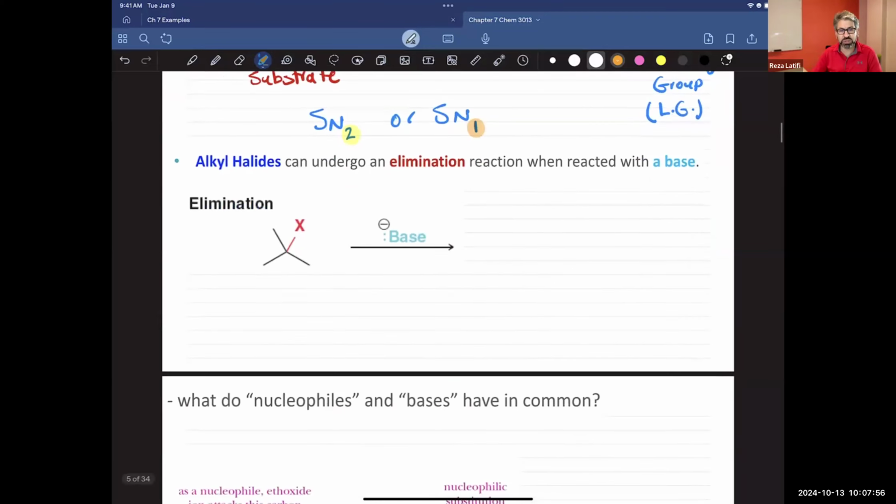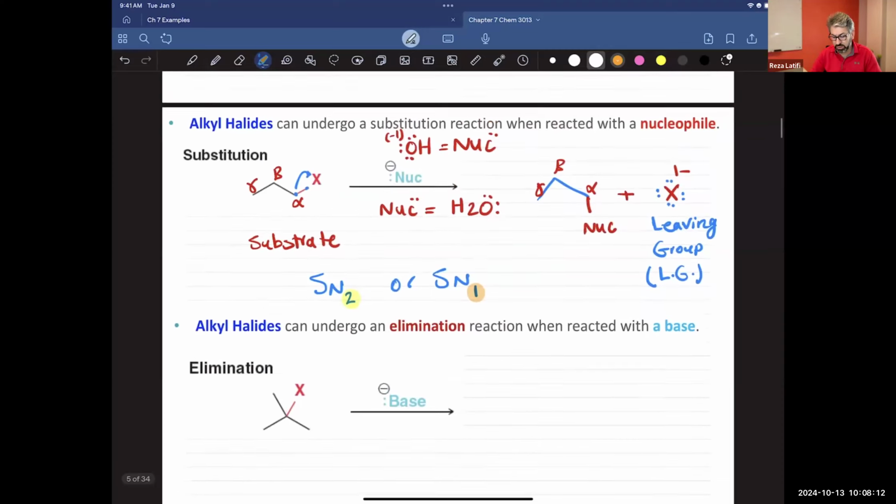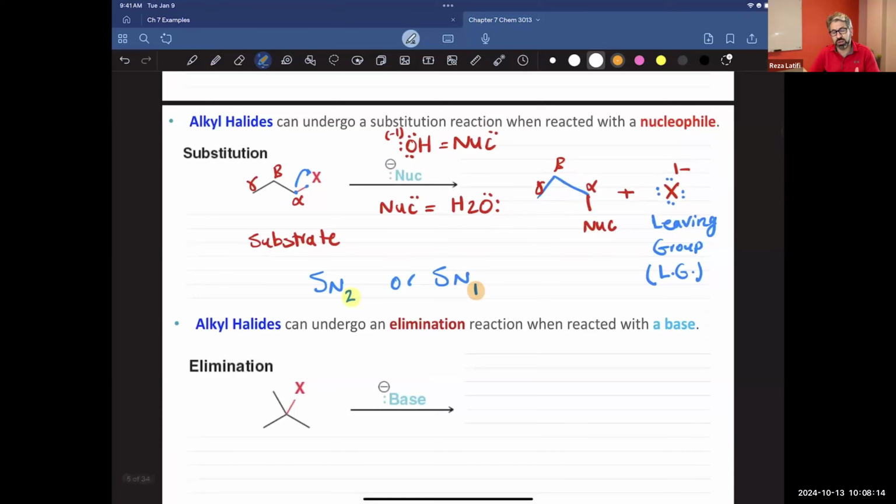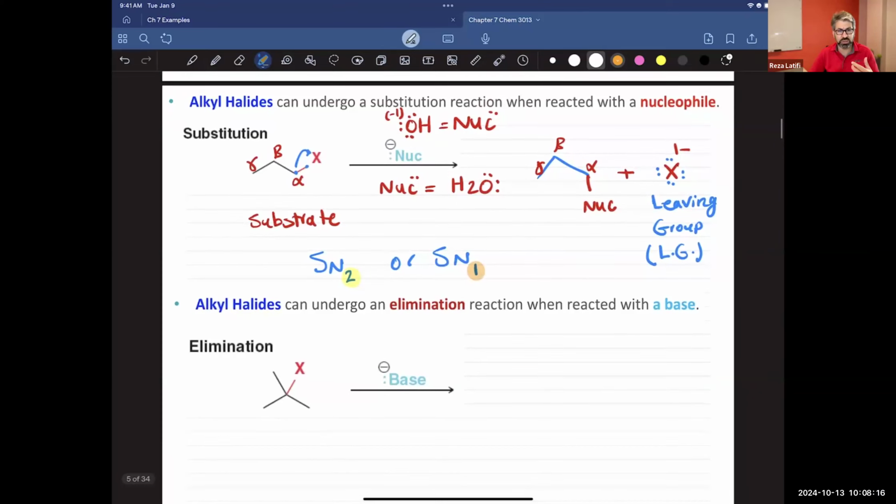Okay, the elimination reaction. You're going to take something from the system. You will take hydrogen from the system, and X will leave. And why hydrogen? You're talking about a nucleophile. A nucleophile has a lone pair, and I said it can be a negative charge or a lone pair.